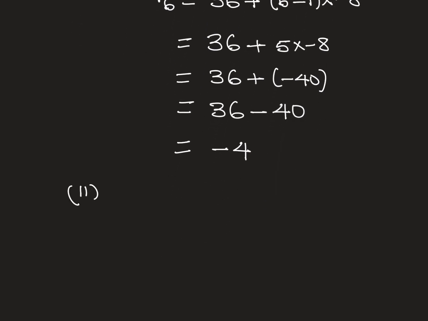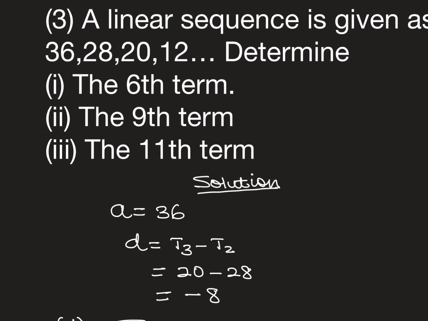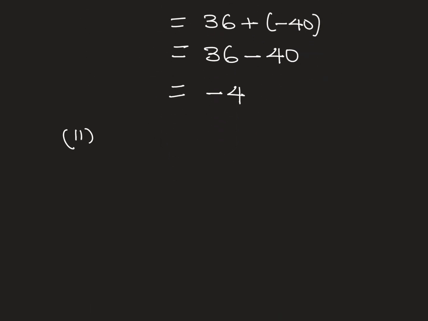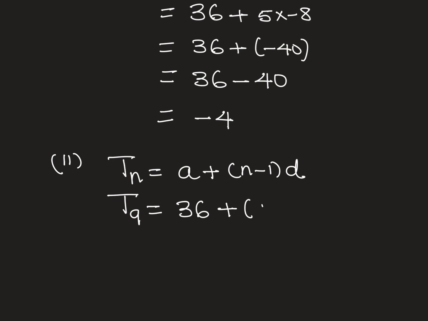Moving on to the second question. It asks us to find the ninth term. Again using T sub n is equal to A plus n minus 1 times the difference. So the ninth term is equal to the first term of this sequence, 36, plus n, which is 9, minus 1, times the common difference, which is minus 8.